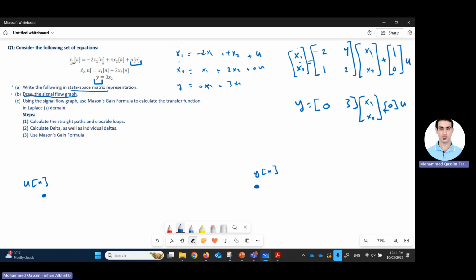These x1 prime, x1, x2, x2 prime. There is no specific order for them actually, but it's better to have them in sequence. So x1 prime is the result of x1, x2.